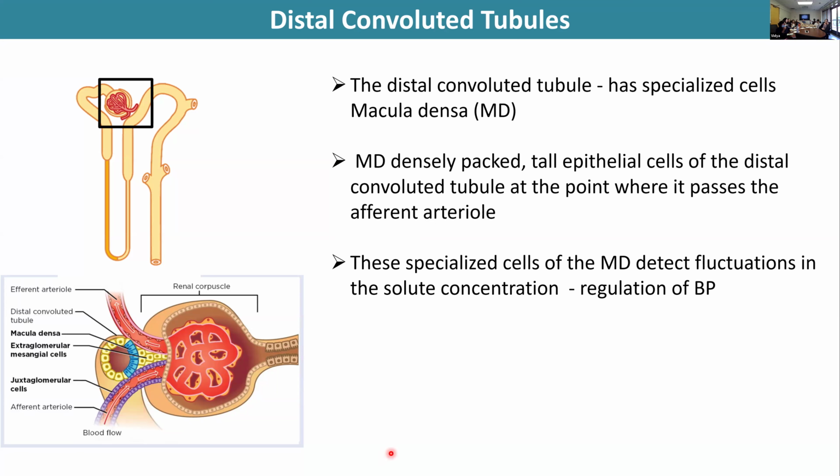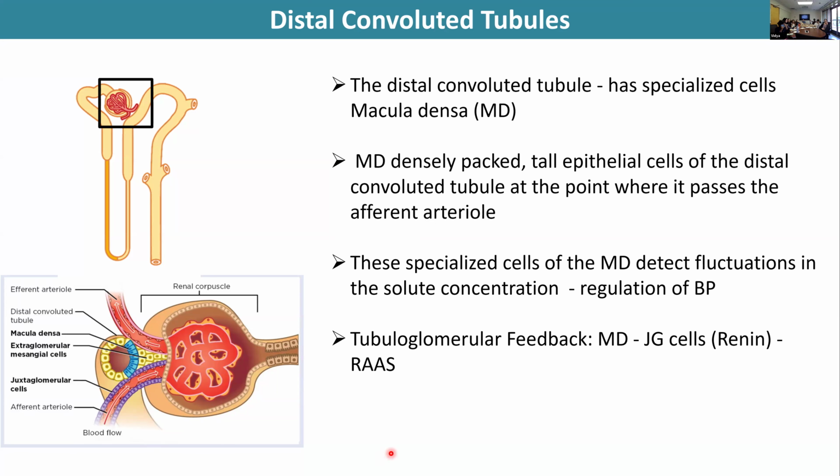And thereby it regulates the renin-angiotensin system. So this communication between the macula densa and the JG cells, and thereby the renin, RAS regulation, is called tubuloglomerular feedback. And it's very, very important in regulating the blood pressure based on the solute concentration in the ultrafiltrate.